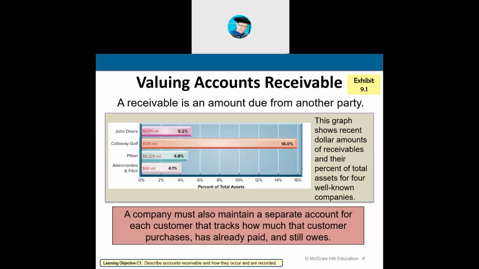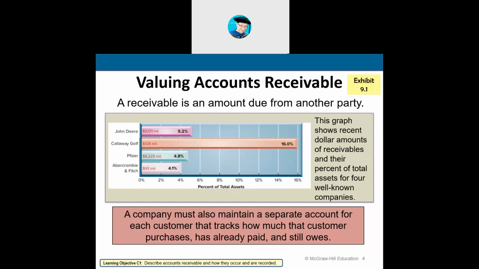What that means is they make a lot of sales on credit to their customers, or on account. When a company makes a sale on account to the customer, that simply means I have delivered the good or the service to the customer and I sent them a bill. They have not yet paid me for those goods or services. They will eventually. That's an account receivable.